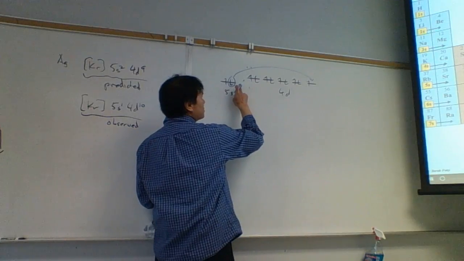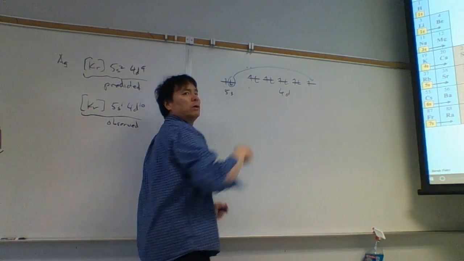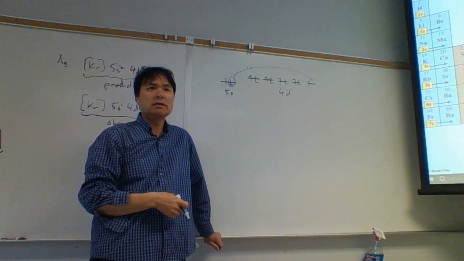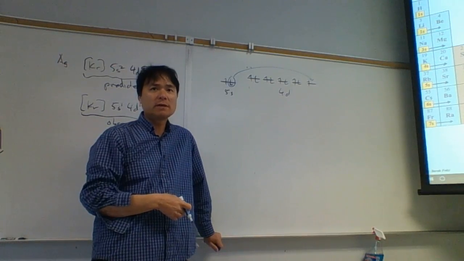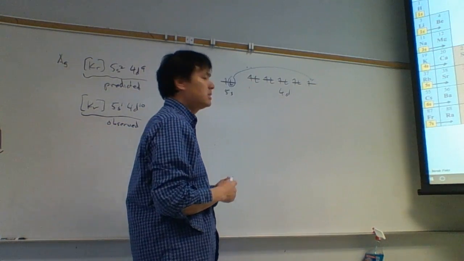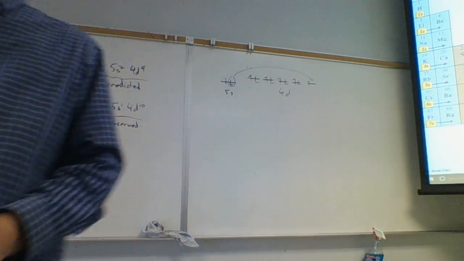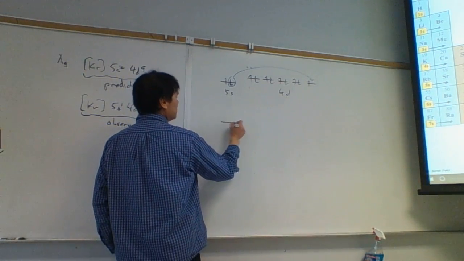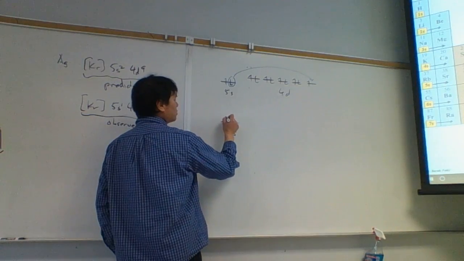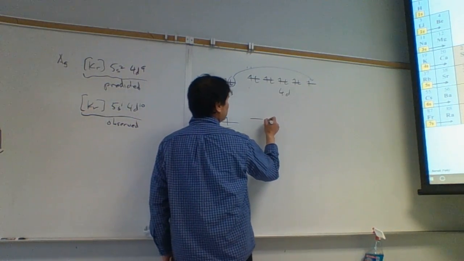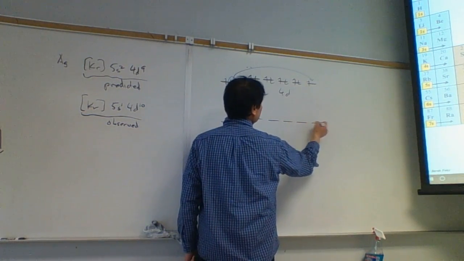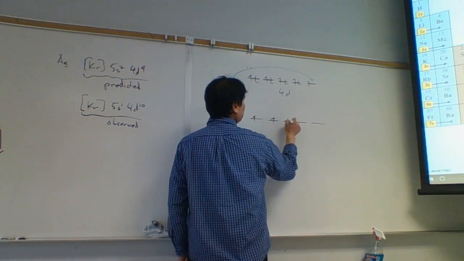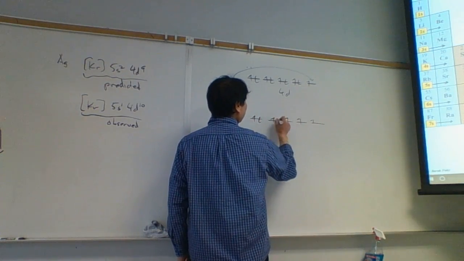It's going to cost a little bit of energy to promote it, but what you get back is a filled d subshell, which is more stable. And so this just happens automatically. Nobody does this. It is what's observed. They only find one electron in 5s, but the 4d is completely filled. So we fill these one at a time.